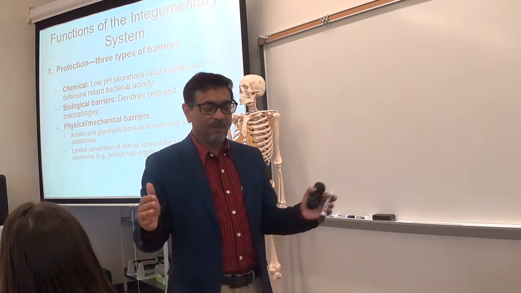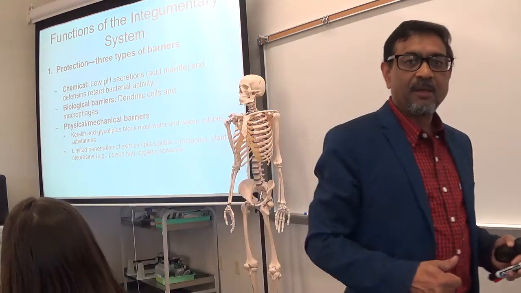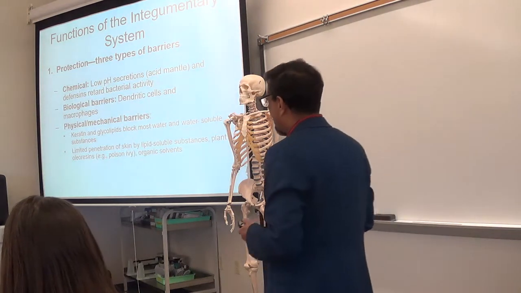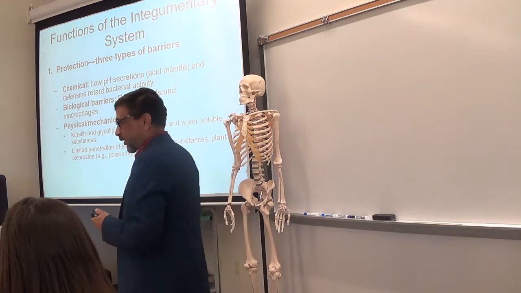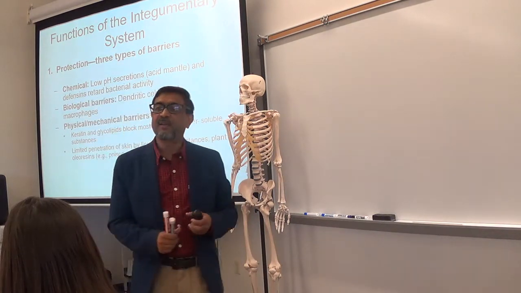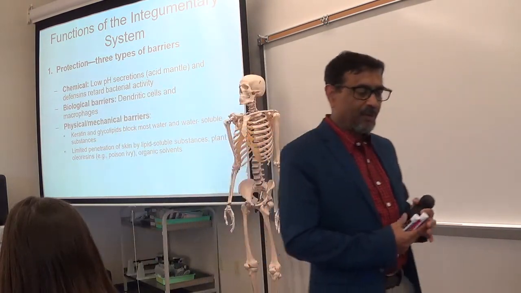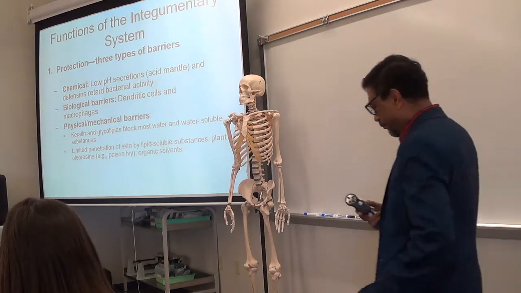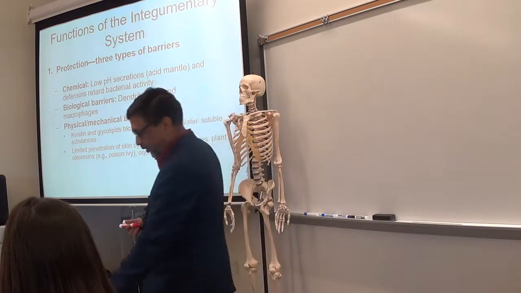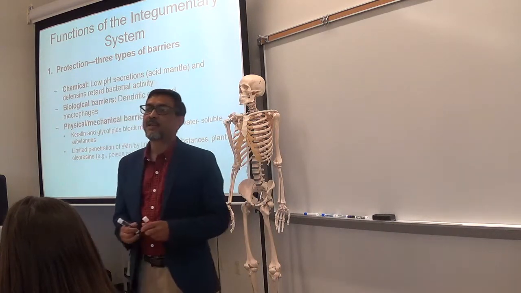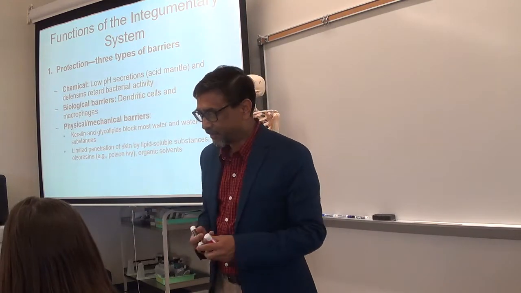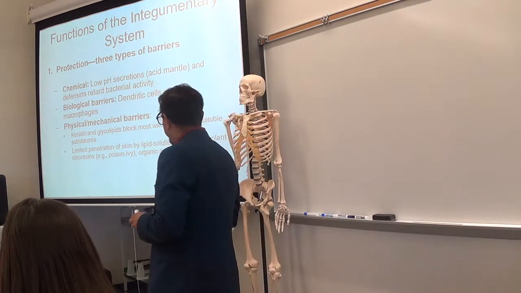So, engulf the antigens, microorganisms, or dead cells. Another type of phagocytic cells in the skin are dendritic cells. So, those two types of phagocytic cells can engulf the microorganisms, bacteria, virus, or dead cells, and provide protection.